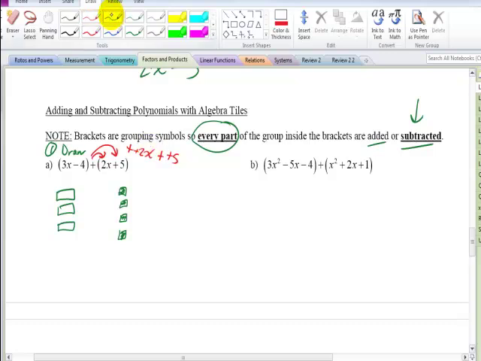Okay, so we want to add each part. So here's a plus 2x, and here's a plus 5. Okay. And we can take away those because there's 0 pairs. Overall, what do we have? 5x plus 1.